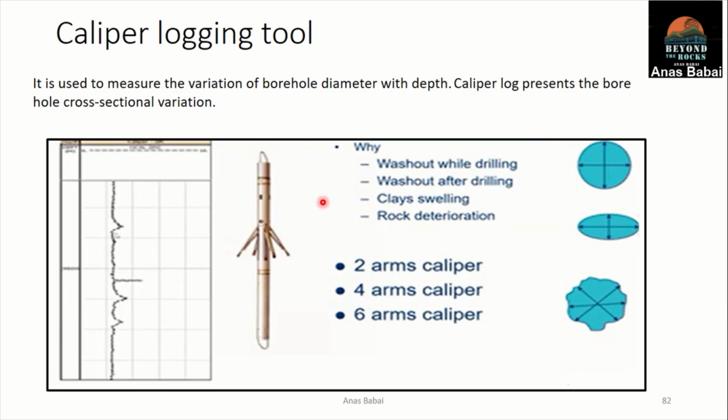So there are many reasons that can cause the change in the borehole section. A washout, in which those intervals, for example in shales, or some other formations which are soluble in the drilling fluid, can create some caves in the borehole wall.